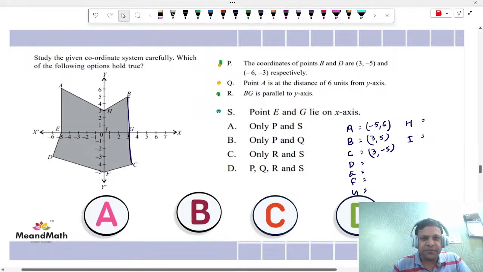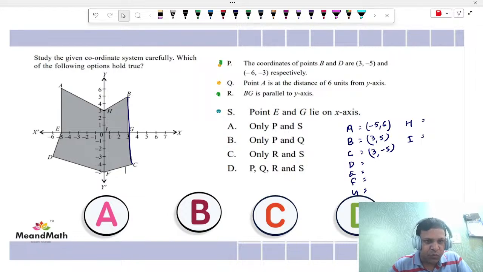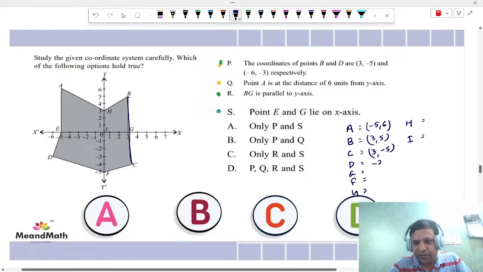Why so? Because the X coordinate is the same. D: X is minus 3 and Y is minus 6. Third quadrant, so both are negative.